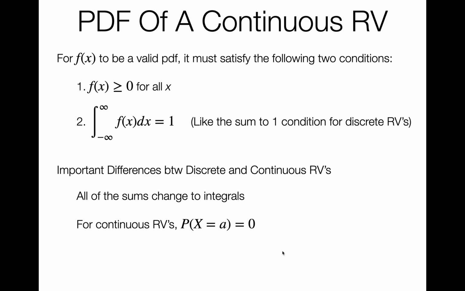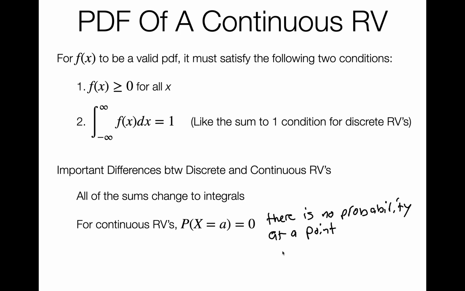No matter what that point is, the probability that the random variable equals that point is 0. A way to say that in words is that there is no probability at a point.